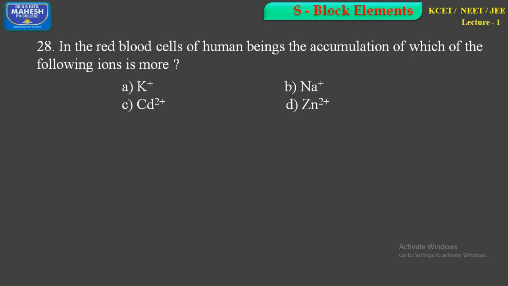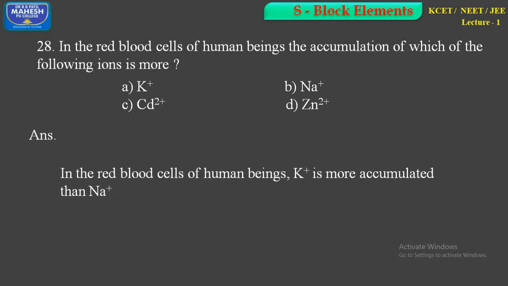And option D, zinc cation. In the red blood cells of human beings, potassium cation is accumulated maximum compared to sodium cation. So the right answer is option A, potassium cation.